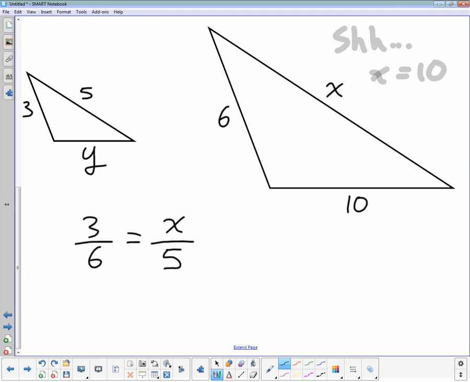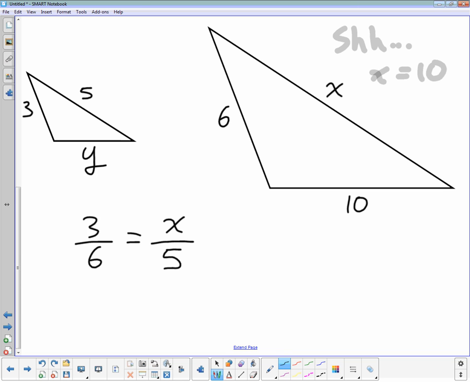Take that cross product, so the cross multiplication, and find me my x. I'm not sure. Check it out and try it. You did it the first time. Now do it this time. This is doing it the wrong way. What did you wind up getting when you got your answer?